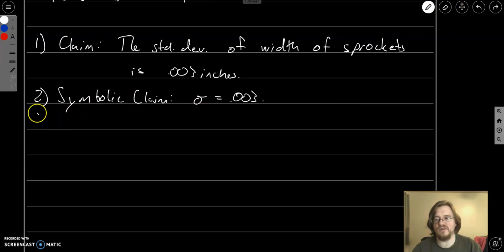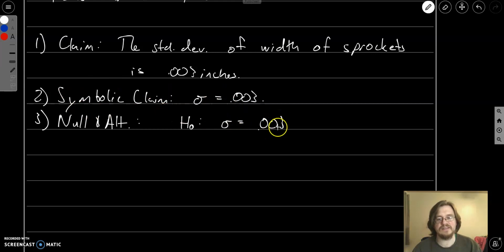However, we can write down our null and alternative hypotheses. So the null hypothesis is always going to be roughly the symbolic claim, but we want to make sure that we have an equal sign in the middle. In this case, our claim is the same as our null hypothesis, whereas our alternative hypothesis is going to be essentially the opposite of this claim.